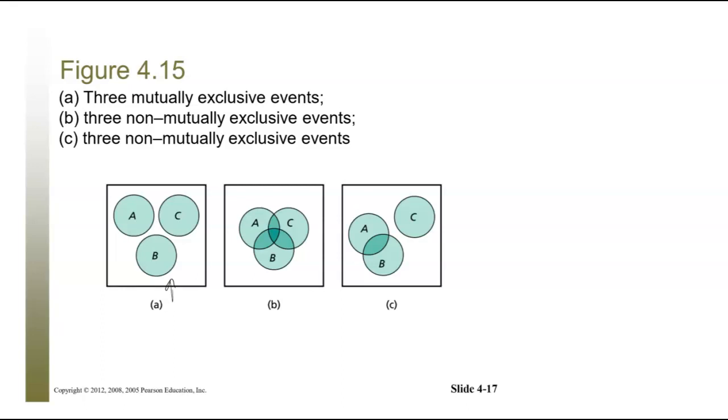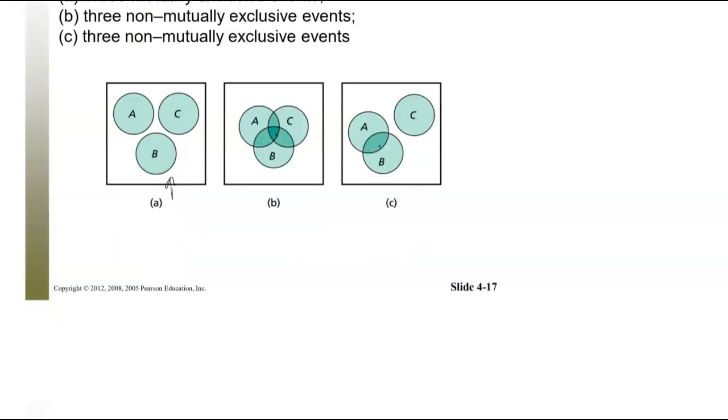But if they're non-mutually exclusive, B and C both represent non-mutually exclusive events. As long as one pair has something in common, then the whole group is not mutually exclusive. It doesn't have to be all 3 of them have something in common. If you're comparing 3 events, as long as 2 of them have something in common, they are not mutually exclusive.